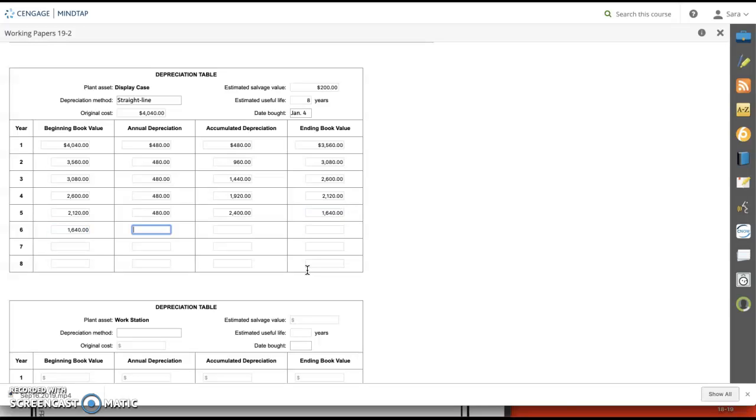So that will be our beginning. Accumulated is $480. So $2,880. And then our ending value will be $1,160. $480.